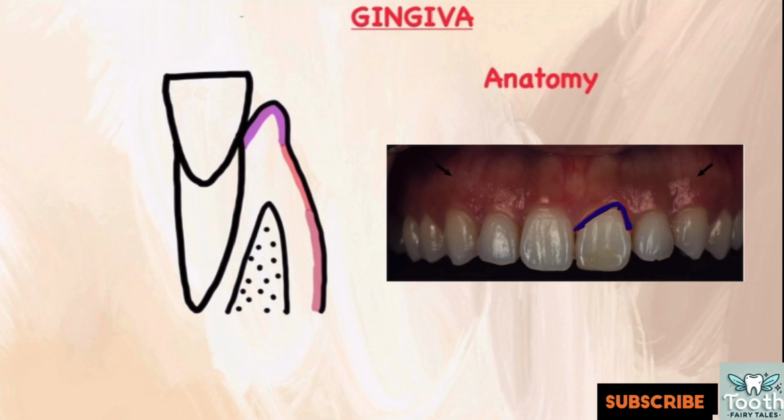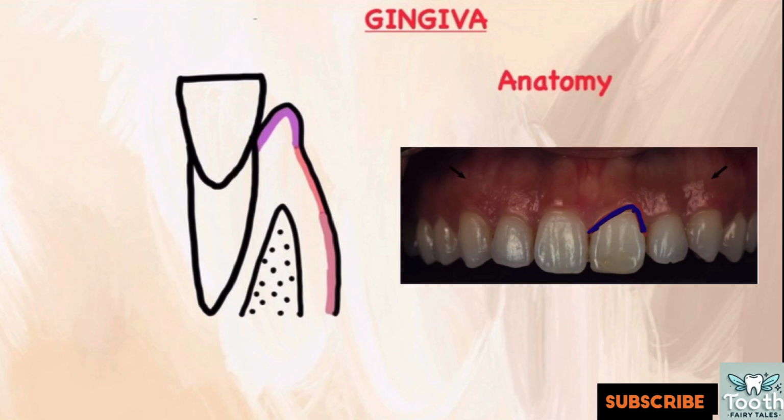Next is mesiodistal dimension. Mesiodistal dimension measures the horizontal position of the gingival zenith. It tells whether the gingival zenith is closer to mesial, distal or center of the teeth. Here the center of the teeth is taken as the reference.